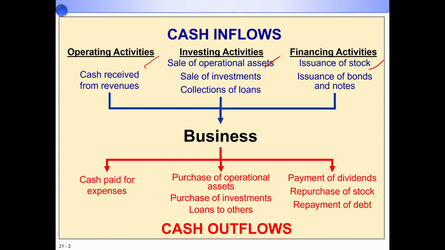Outflow means we're making cash payments, cash flowing out. We consider those three activities, and in each activity we count the cash receipts and cash payments. Then we count the net change in our cash. That's the cash flow statement.